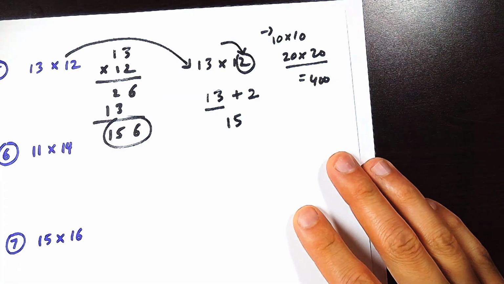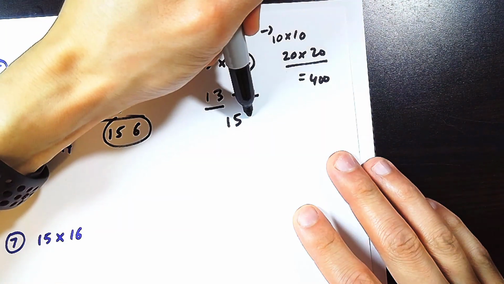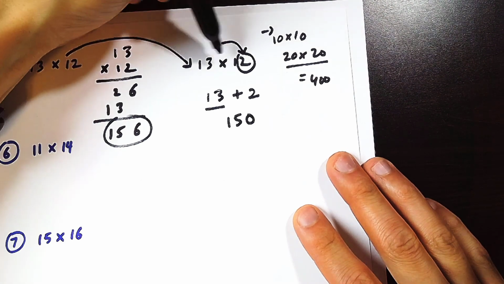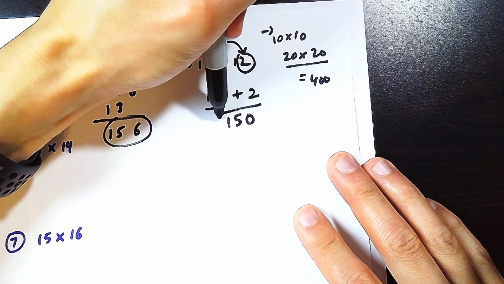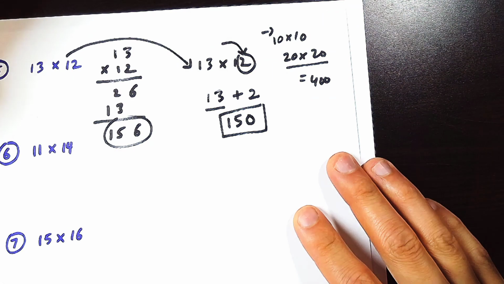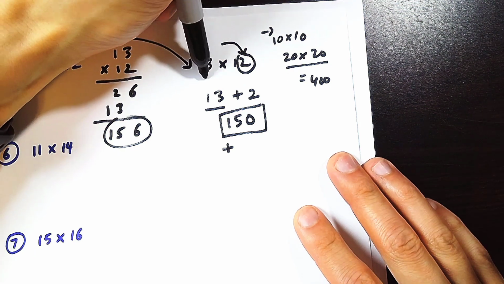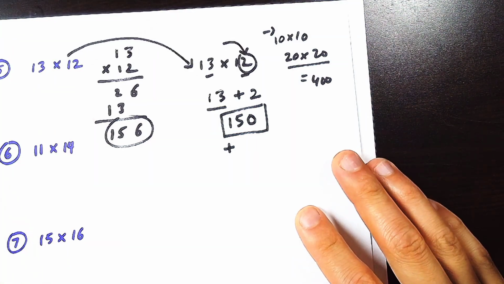So in your head, right away, just add a 0. This is just a trick. So 13 times 12 is not quite 150, but we're getting close. We're almost there. All we have to do to get the final answer is to add the last digit times the last digit.